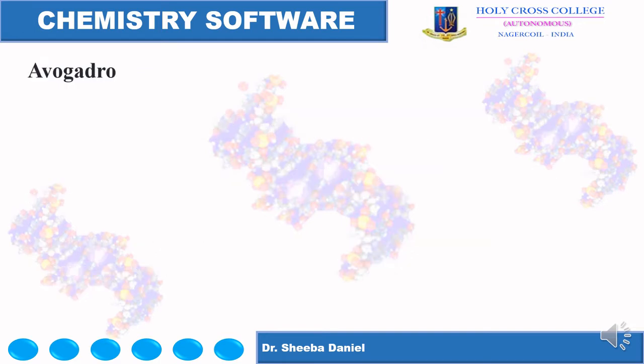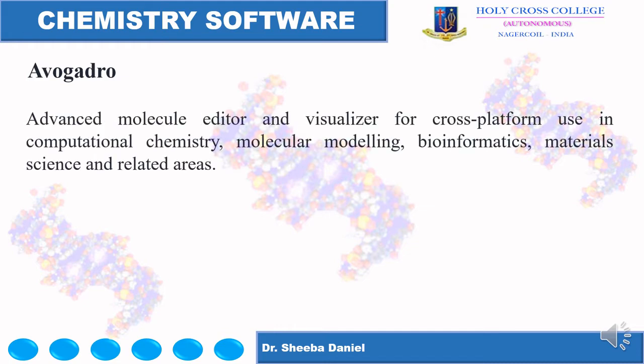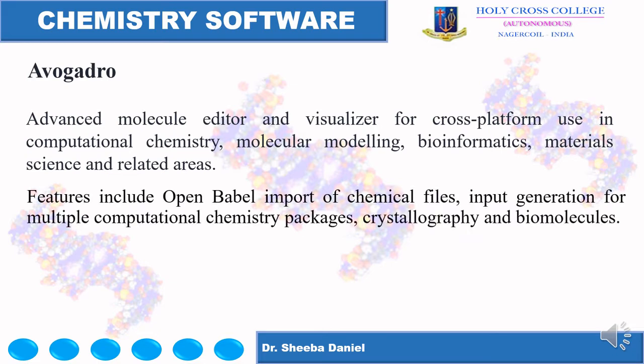Next one is the Avogadro. Avogadro is also a chemistry software. It's a molecular modeling software. It provides advanced molecule editor and visualizer for cross-platform use in computational chemistry, molecular modeling, bioinformatics, material science and related areas.